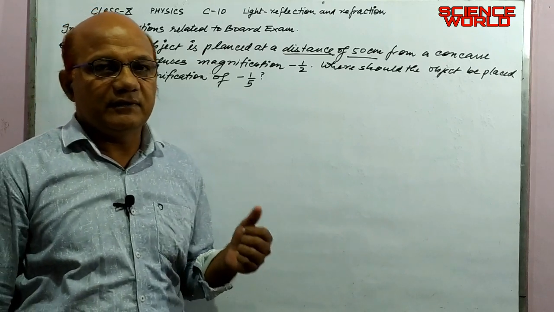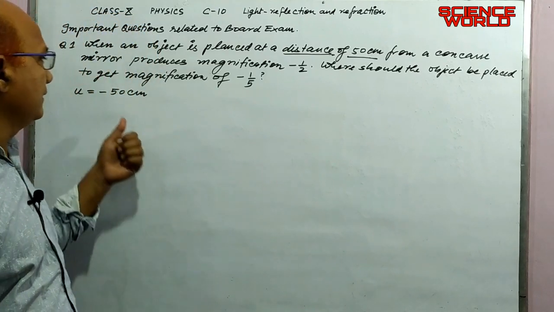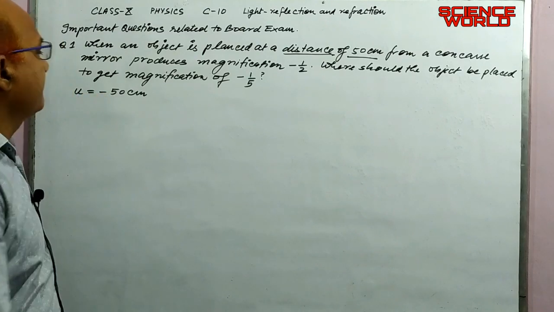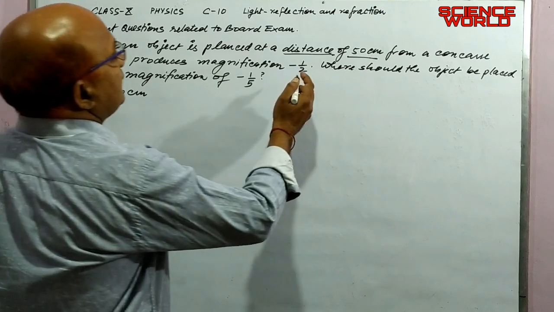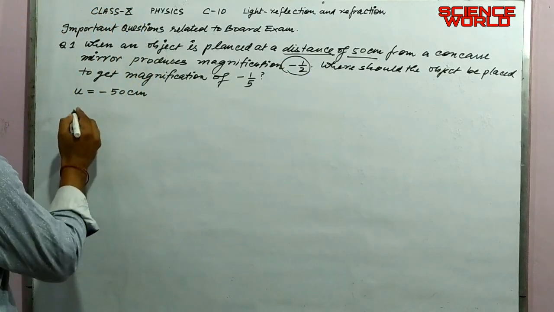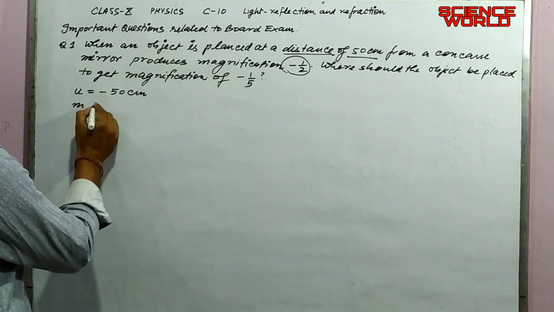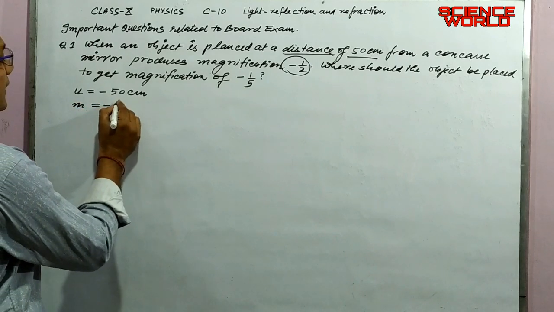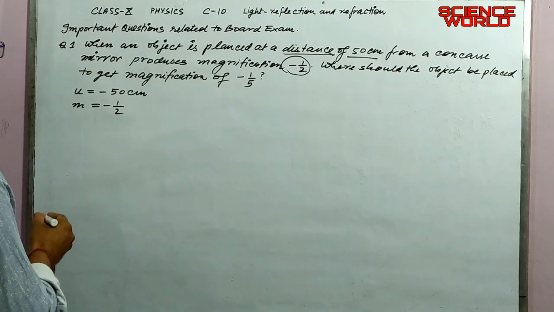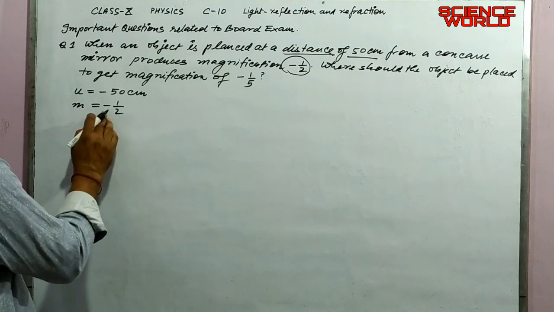That is why we will use sign convention minus sign for object distance. And one more thing is magnification is given, m equal to -1/2.